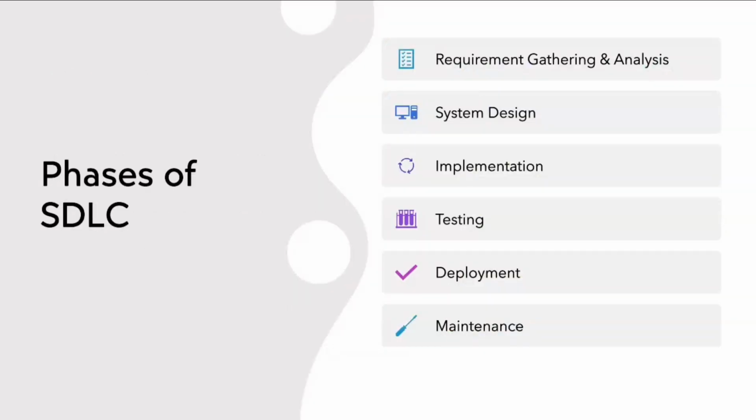Now there are some phases in the SDLC process. The first is requirement analysis, where we gather the requirements from the customer's point of view. Then we do system design, where we discuss which technology we need to implement to make this software. Then we implement it, also called the implementation or development cycle, where the developer starts writing the code.